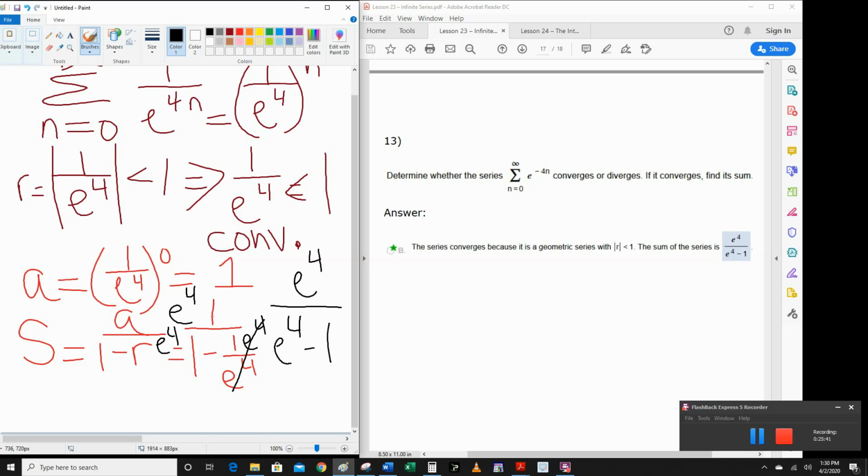Basically, when you're taking the limit as n approaches infinity of your series, if you get a limit that fails to exist or is infinity or negative infinity, or you get a limit that's different from 0, then according to your nth term test, the series diverges.